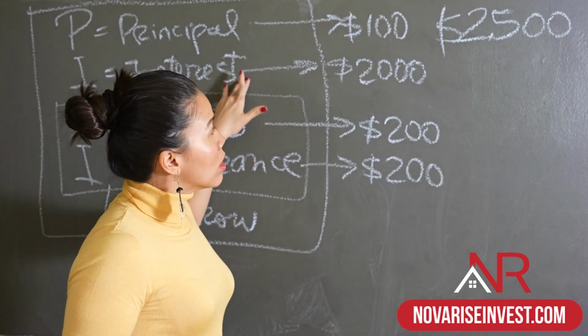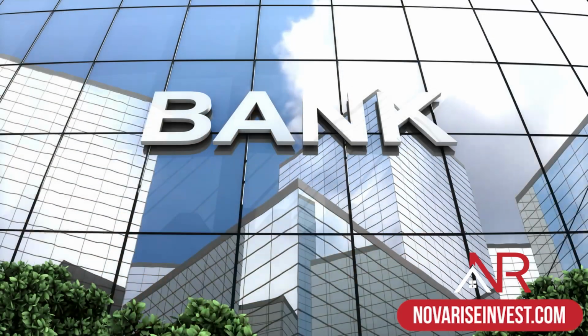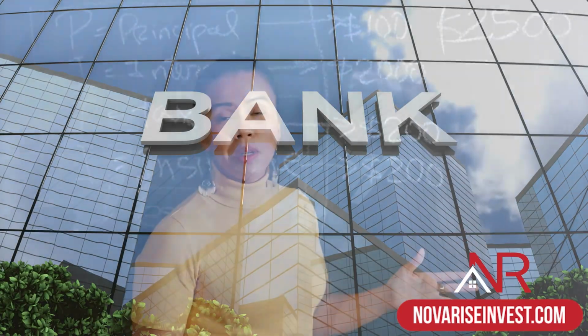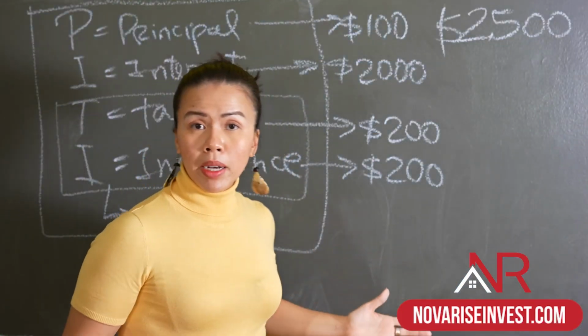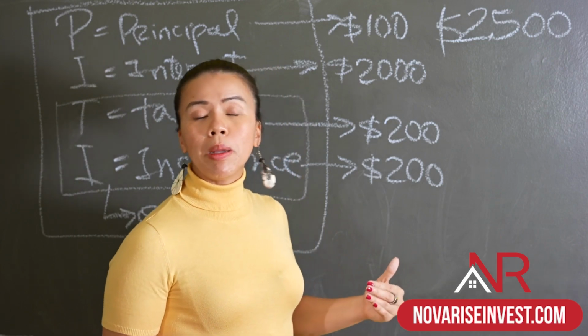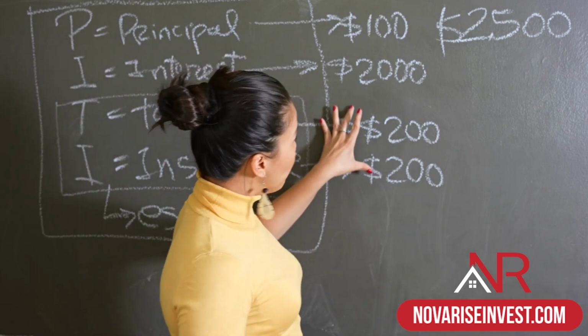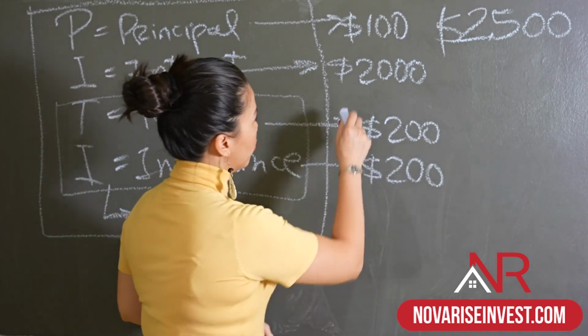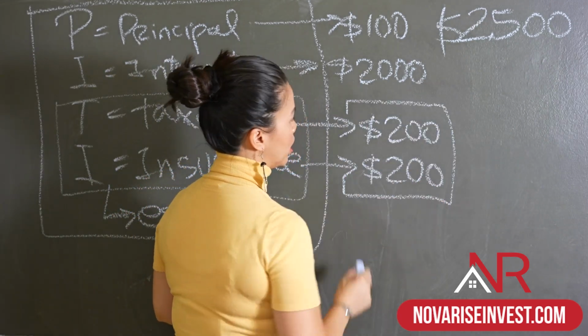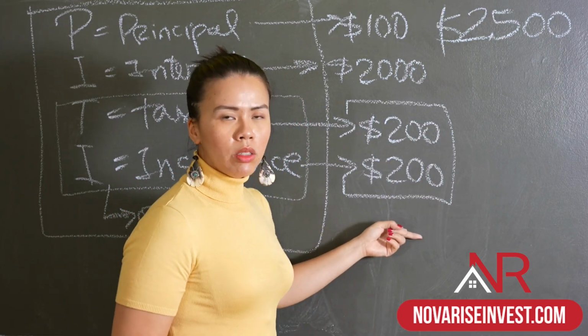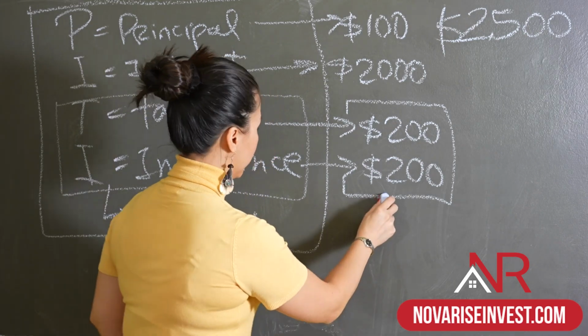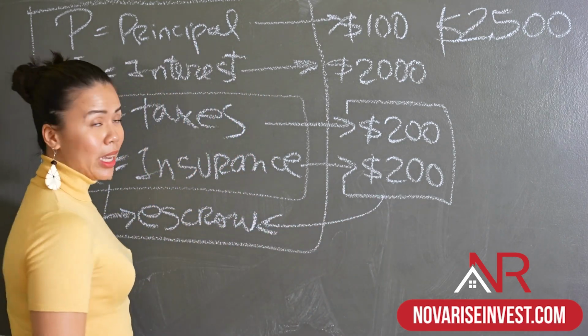And then $2,000 will go straight to the bank, because, you know, the banks are here to make money. There's no two ways about it, and they're pretty open about it. We're giving you the money, but we're also going to make money from you in interest. But the remaining $400 doesn't go anywhere until the end of the year. Instead, it goes to an account called the escrow account.